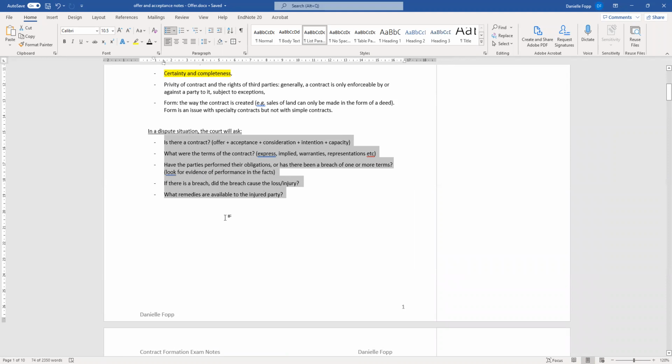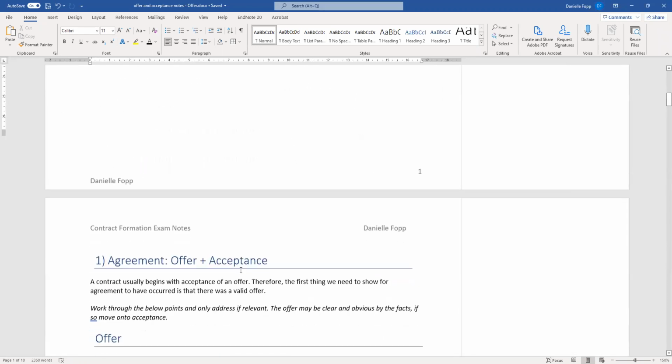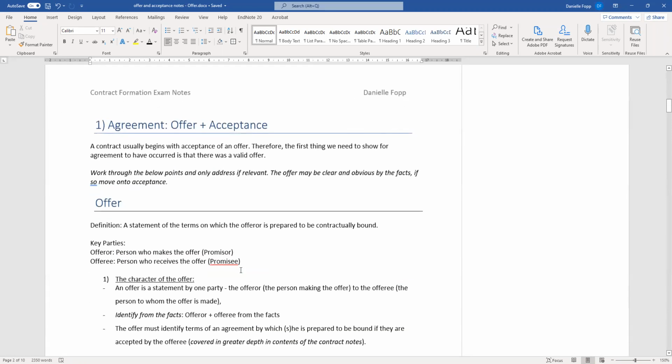So for example, when you're going through week 1 offer in your contracts course, the tutorial question is going to have an issue surrounding offer. However, when you get to the exam, the issue may be any of these things. So just make sure that you are aware that we don't go through all of these unless offer is the legal issue that we are discussing.